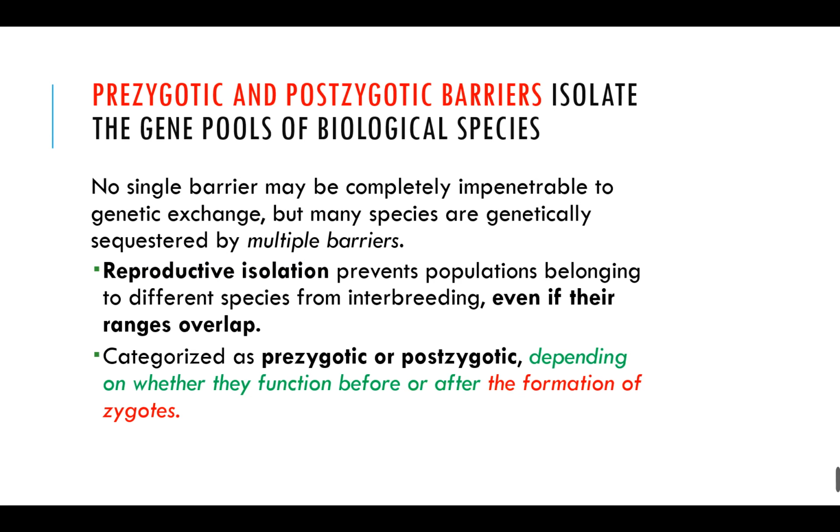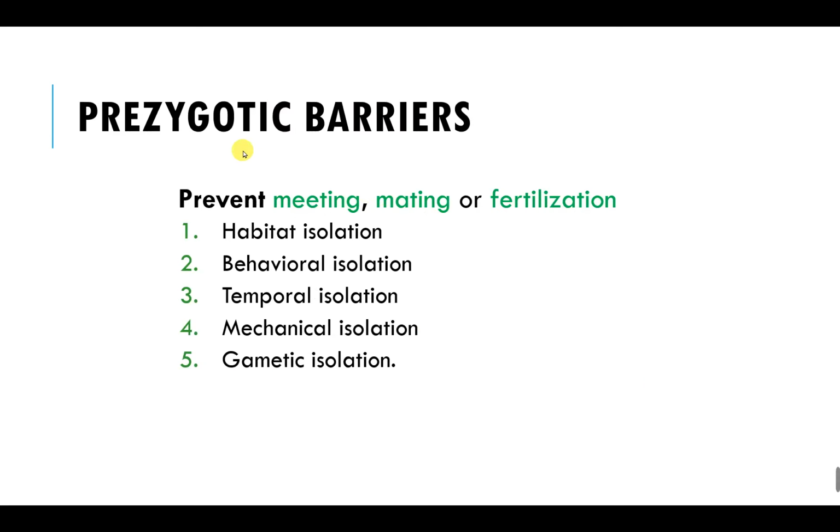All right, we will take a look at prezygotic barriers first. These barriers prevent mating or prevent fertilization, and there are 5 of them. Let's take a look at these.